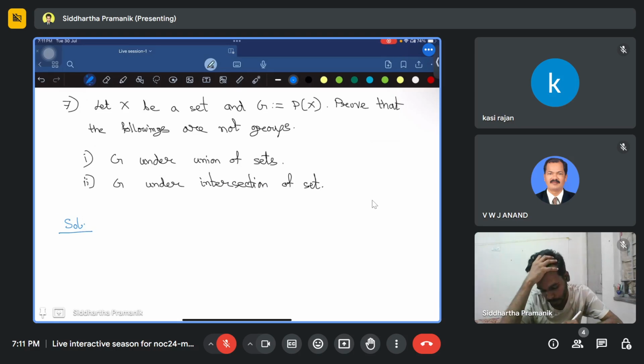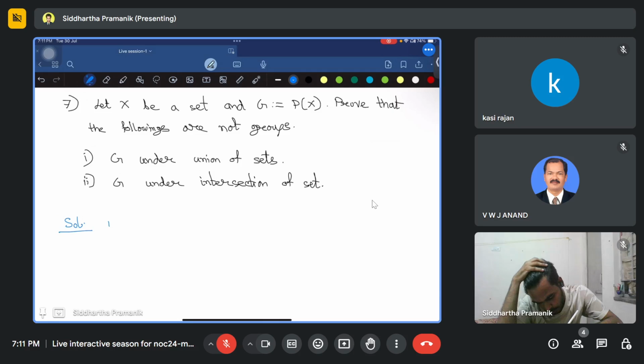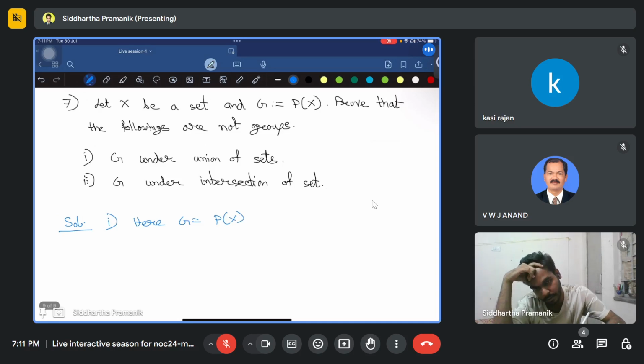Okay, so let's start with the first one. G here equals the power set, and the operation is union, and we usually write union by this notation. Let's check the closure property first.